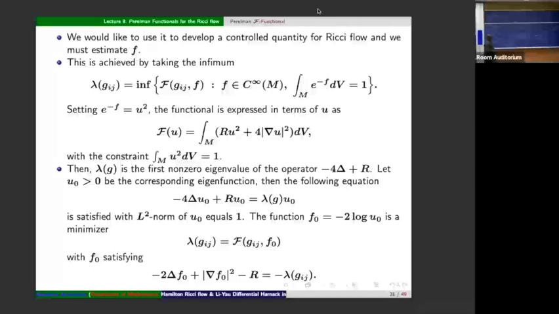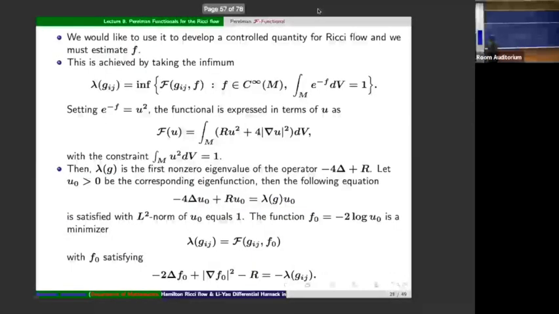Just like with the energy function, if you take the infimum of the gradient of u naught, you will see the infimum is an eigenvalue of the Laplacian, where u naught is the corresponding eigenfunction. Then you can define f naught, get the value, and so on, but this is not of interest at this point.